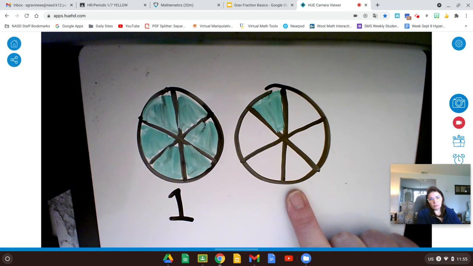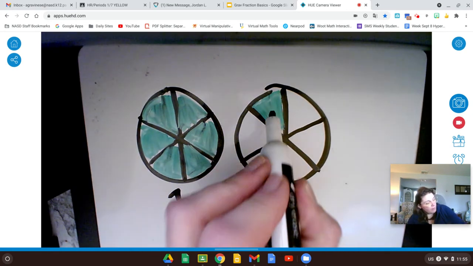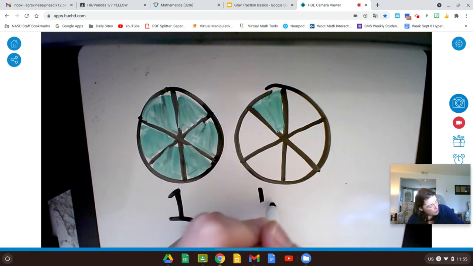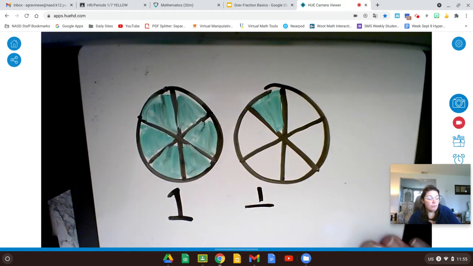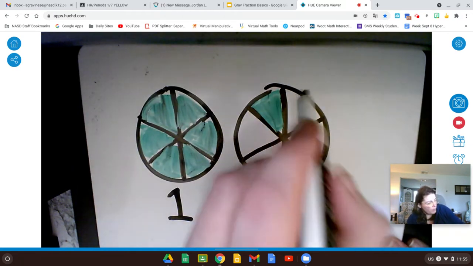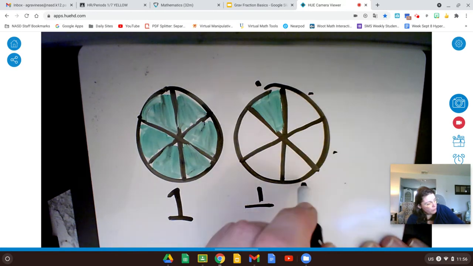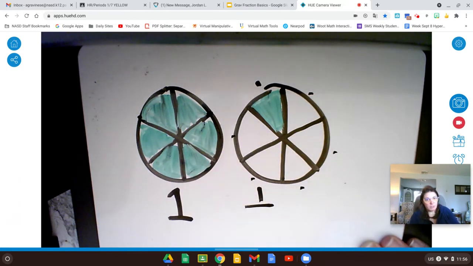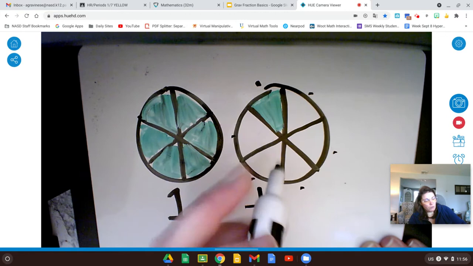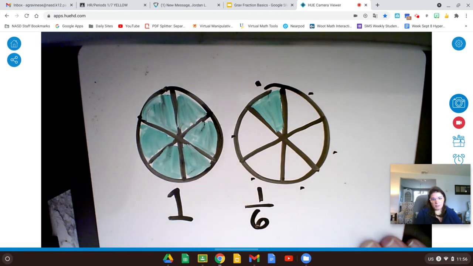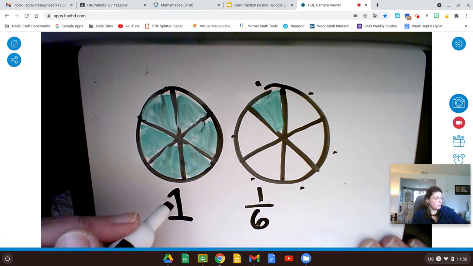In this model on this side, I have one piece shaded in out of how many equal parts? 1, 2, 3, 4, 5, 6. So this model shows 1/6 or 1 out of 6.